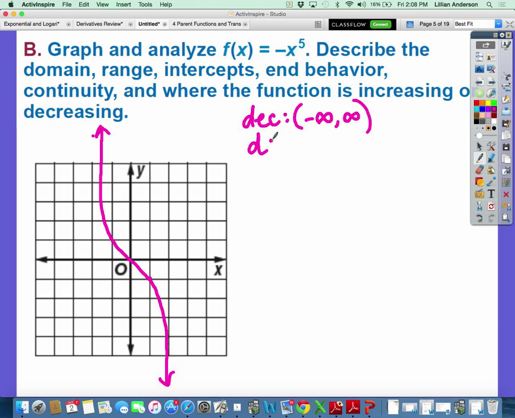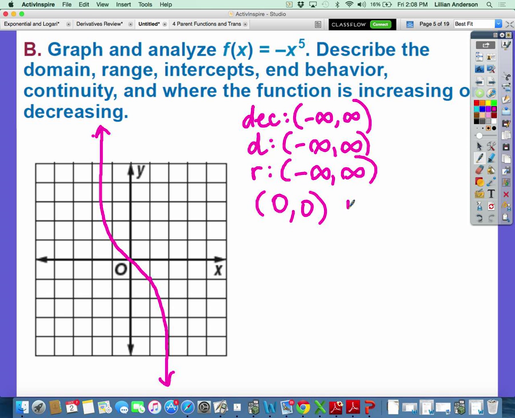Let's see, what is the domain here? Megan, what did you get? Negative infinity to infinity. What's the range? Good stuff. Intercepts. Maddie. 0, 0.